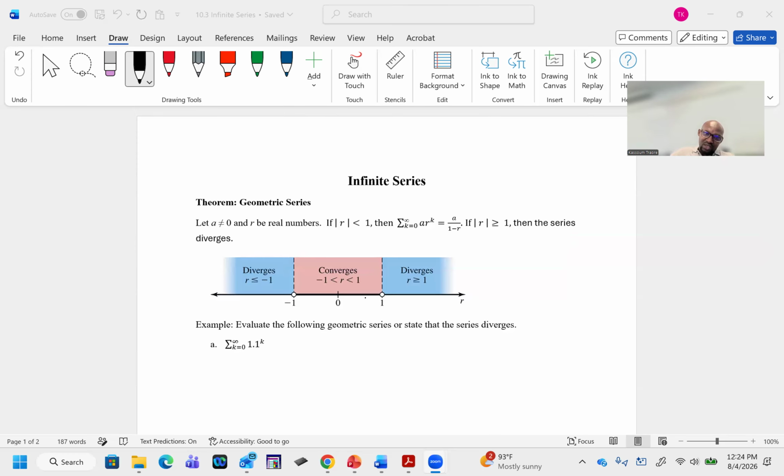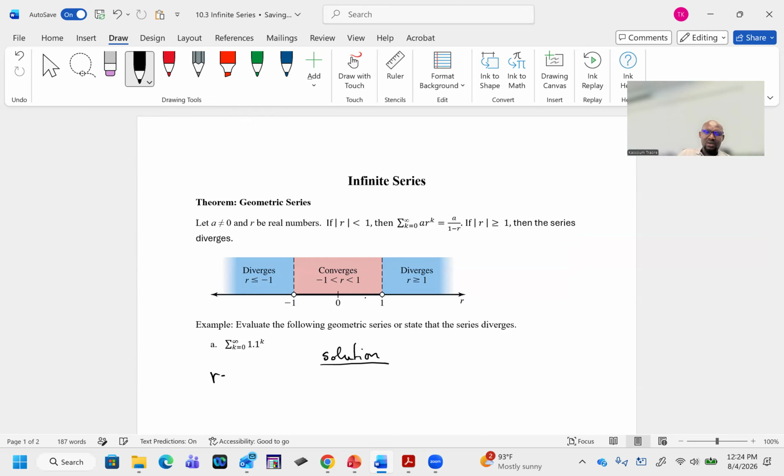So we can see we have the sum from k equals 0 to infinity of 1.1 to the power of k. So first thing, you always need to know your r, right? So you can see the ratio of this geometric series, r, is what? 1.1.